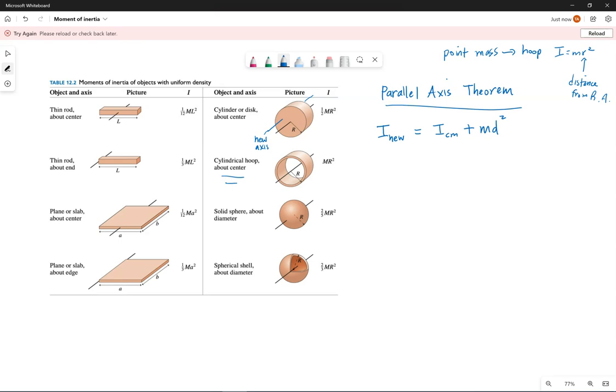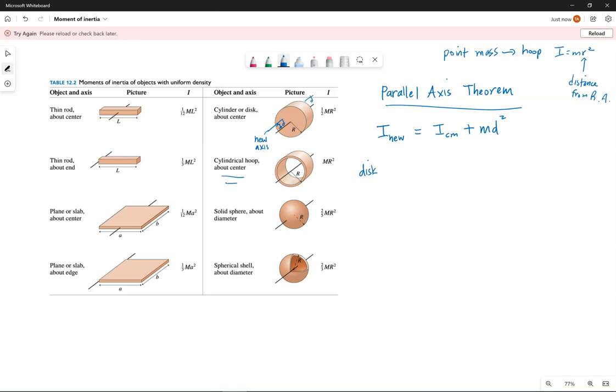M is the total mass of the object. D, coming back to the diagram, is the distance. D is this distance between the original rotational axis in the picture that goes through the center and where this new axis is located.